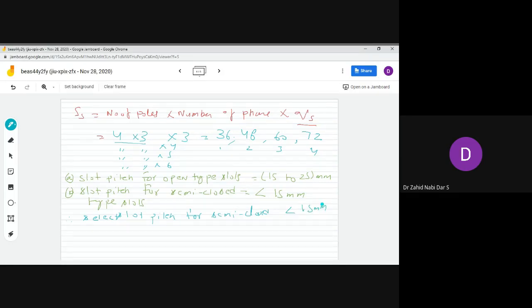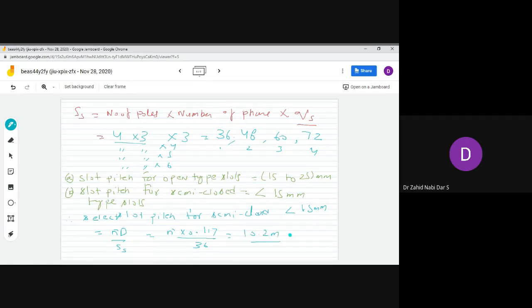So let's check with the first value. When we put the first value, pi D by SS, so pi into the diameter 0.117 divided by 36, we find 10.2 mm.